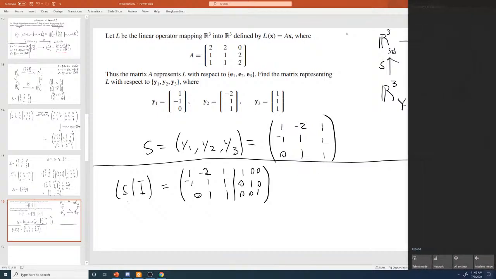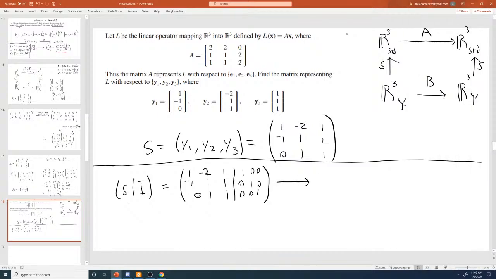So my first row operation here is going to be to set row 2 equal to row 2 plus row 1.